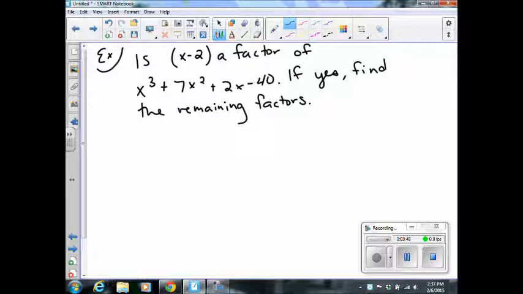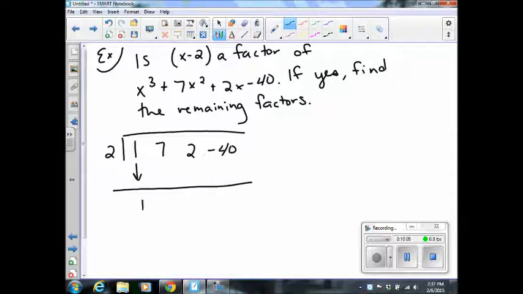If yes, then I can proceed on to find the remaining factors. It goes in opposite, so it's positive 2, 1, 7, 14, -40. Drop down the 1.